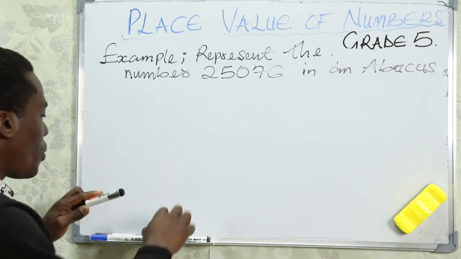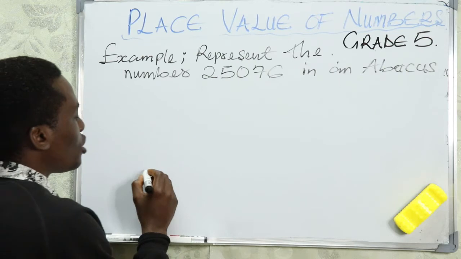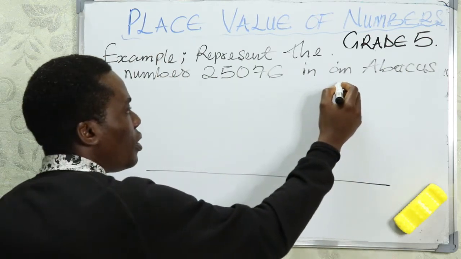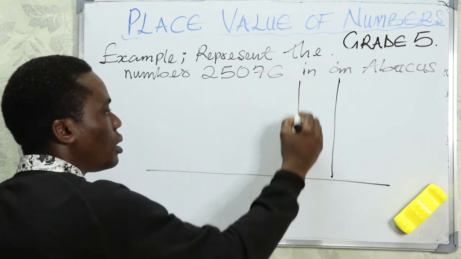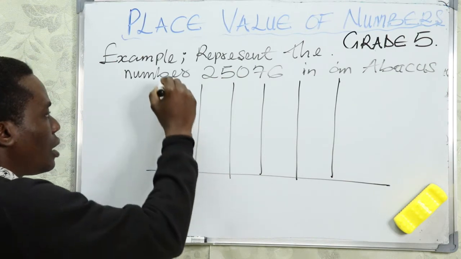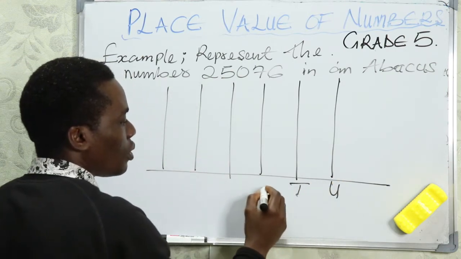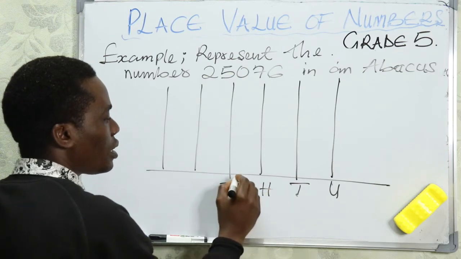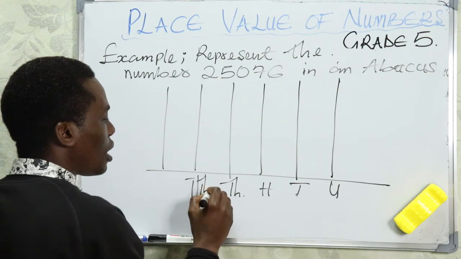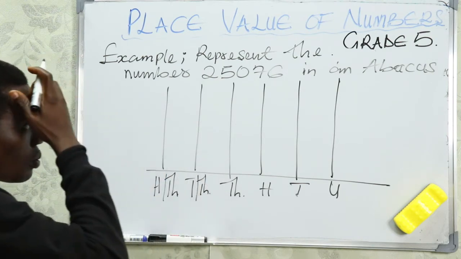Now let's look at how we can place these various numbers in an abacus. Now remember, an abacus is a tool like this, in which every number has its place. So the abacus is just like this, where you have the units, the tens, the hundreds, the thousands, the tens of thousands, the hundreds of thousands, if you have such numbers.